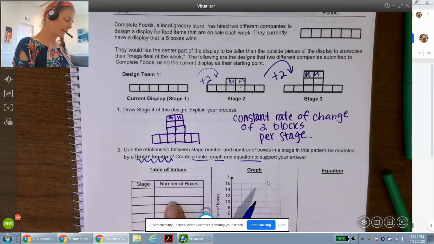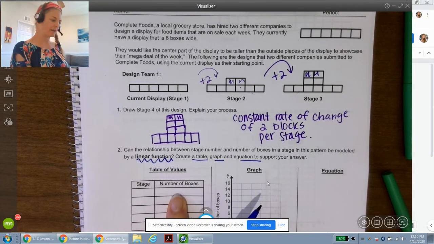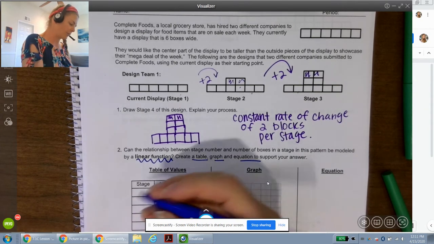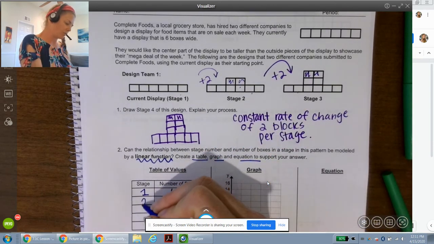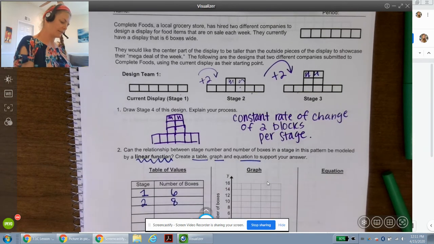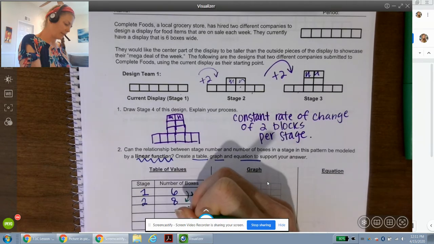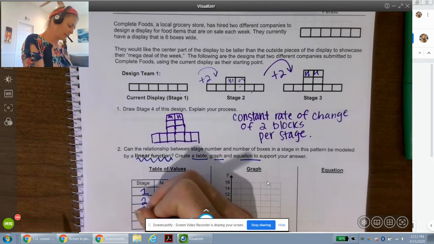So if I look at the table of values for my stage number and my number of boxes, stage 1 had 6 boxes. Stage 2 had 2 more, which gets you 8 boxes. I have this plus 2. Then the next stage we added 2 more to get 10.